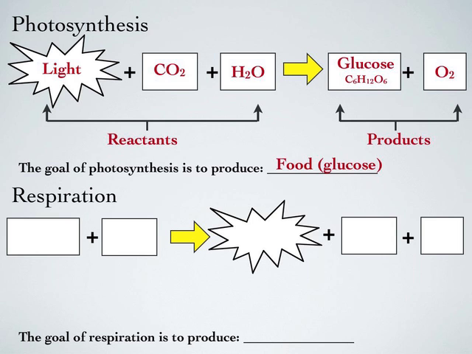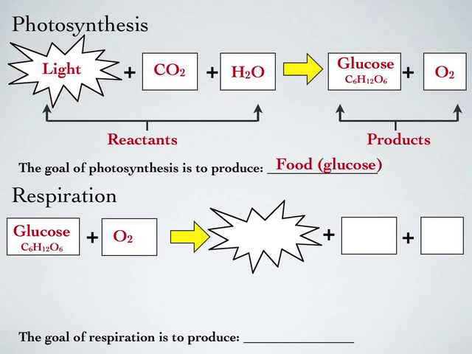Respiration is another process. It doesn't just happen in plants, it happens in basically all living things. What are the reactants in respiration, Kevin? Oxygen. It needs oxygen and glucose. And if those 2 things are present, then this process can happen.